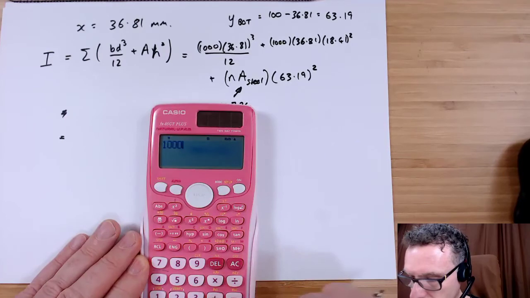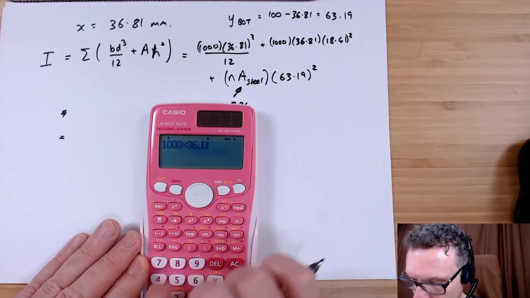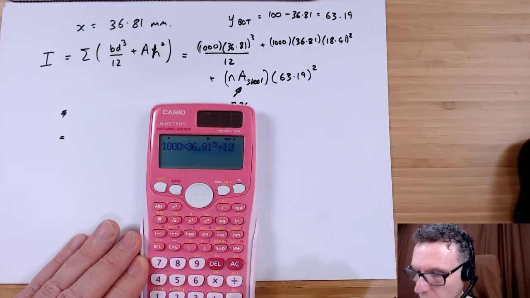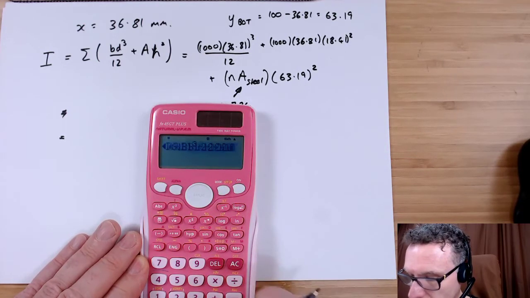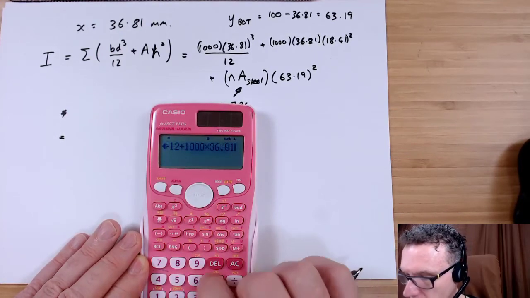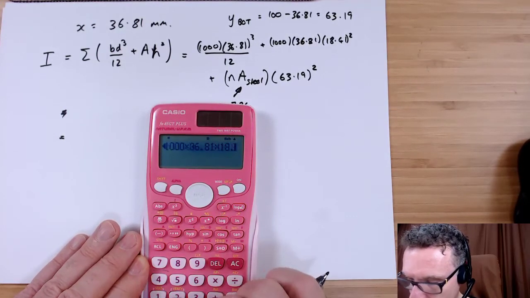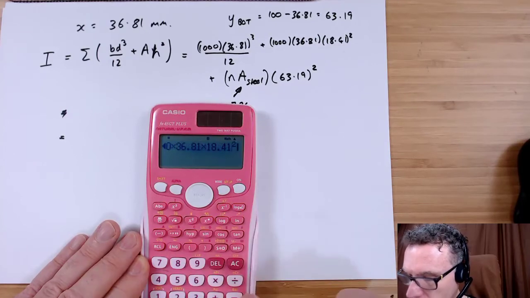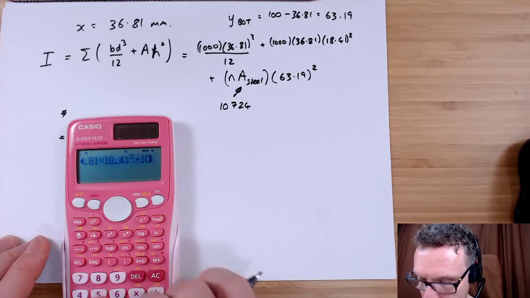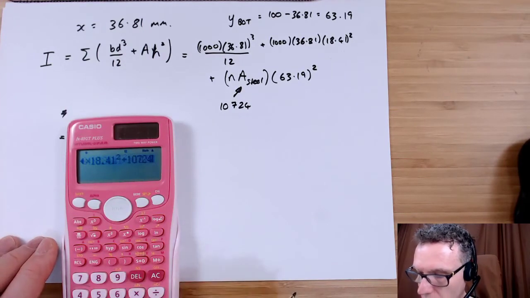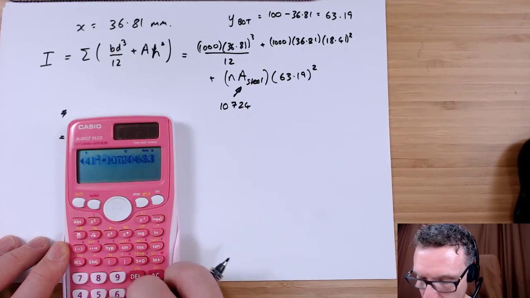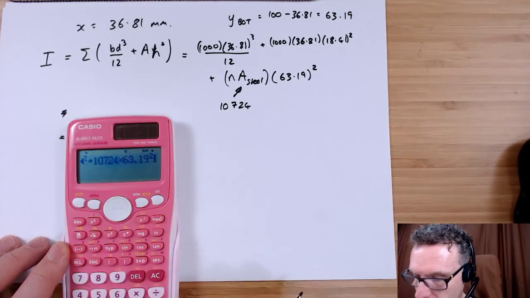So 1,000 times 36.81 to the power 3 divided by 12 plus 1,000 times by 36.81 times by 18.41 squared plus 10,724 times by 63.19 squared.